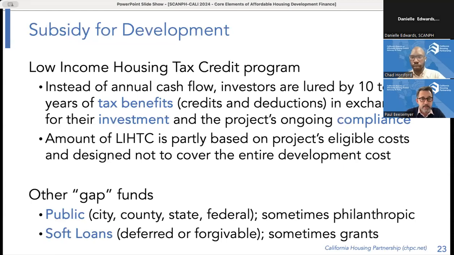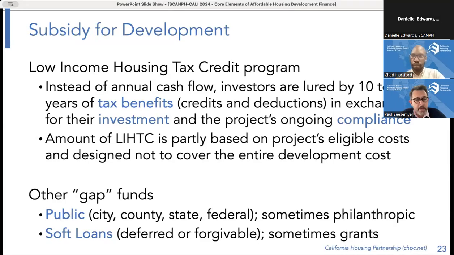They get those tax benefits, and in exchange they contribute money to the developer, to the partnership that owns the property, or the LLC, and they are on the hook also to help guarantee the project's ongoing compliance, to be, if you will, a financially motivated third party, a financially motivated big brother who's going to make sure that the property stays in compliance and continues to be available for people at the income levels for whom it's intended.